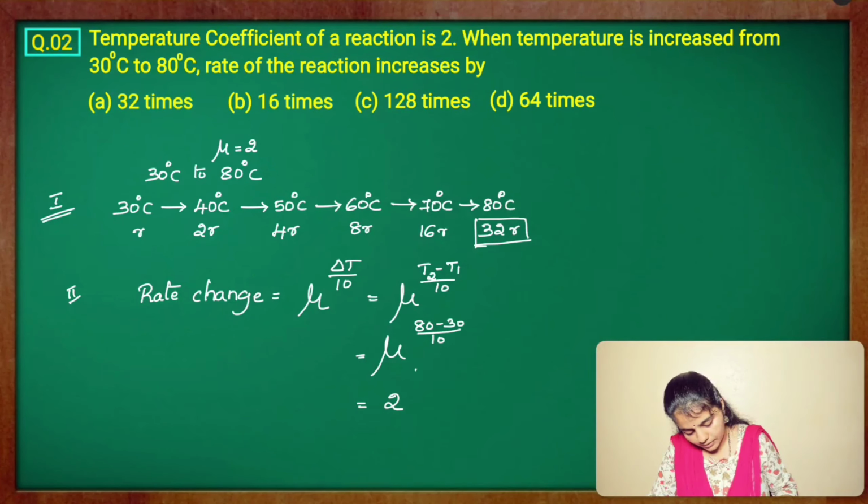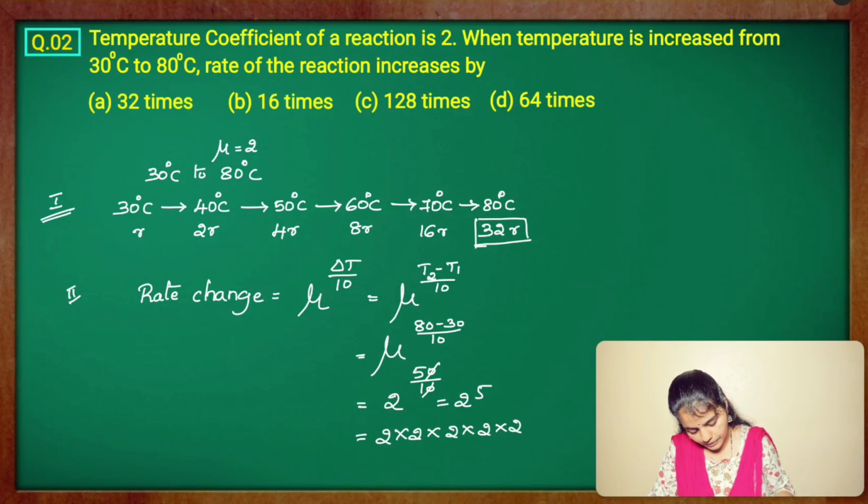So it is 2 to the power of 50 divided by 10, which is equal to 2 to the power of 5. That is nothing but 2 into 2 into 2 into 2 into 2. So 2 2s are 4, 4 2s are 8, 8 2s are 16, 16 2s are 32.